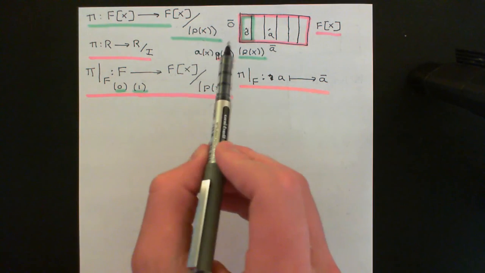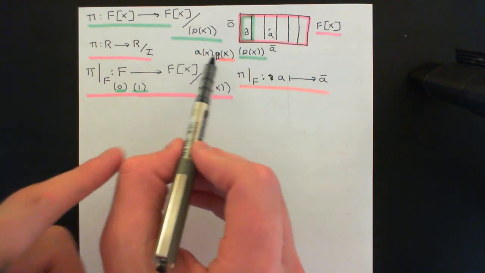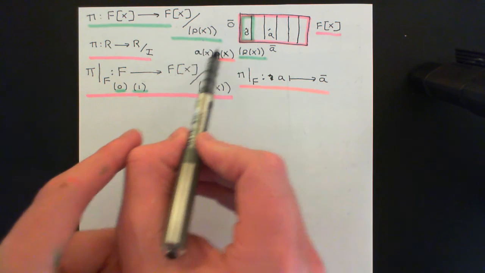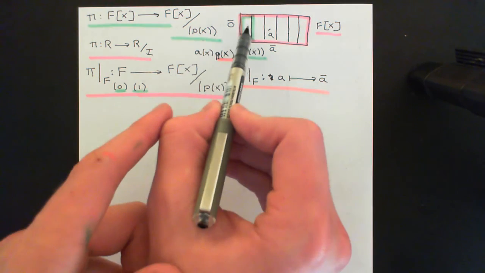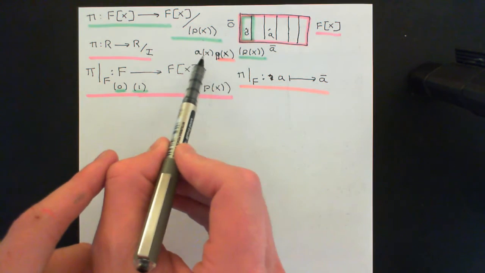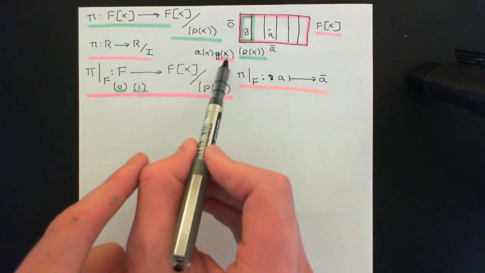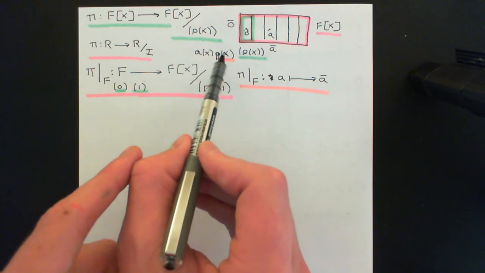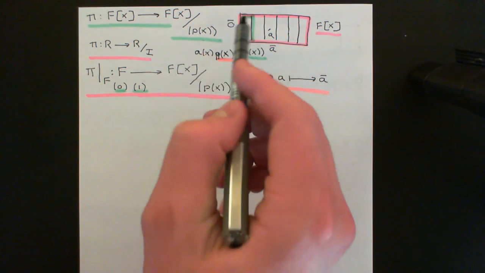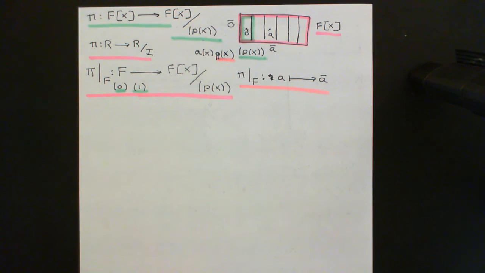Well of course it's not. You can't get this to go down in degree by multiplying it by a polynomial. The only exception is that you can make it equal 0 by multiplying by 0, but when you multiply it by any other polynomial apart from the 0 polynomial, the degree of this thing is only going to stay the same or get bigger, so you can't get it to go down to 1. Okay, so 1 is not going to be in this principal ideal generated by P of X, so it's not going to be mapped onto the additive identity, the 0 element in the quotient ring.